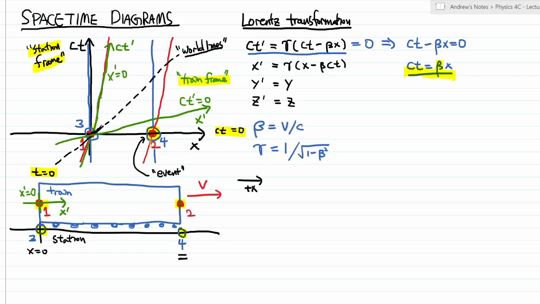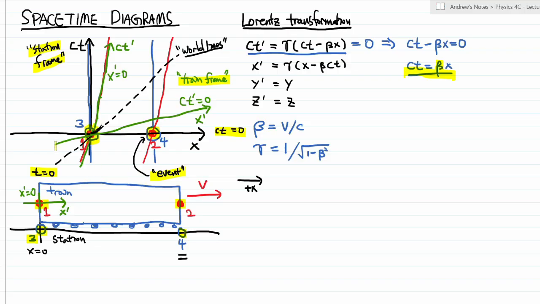And this crossing event happened at the same time as the crossing of the back of the train with point 3. Now, I want you to consider that same event in the train frame. In the train frame, the back of the train still crossed point 3 at t prime equals 0. That's how it was set up.